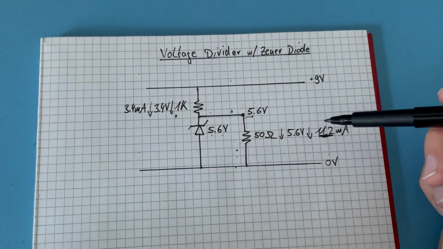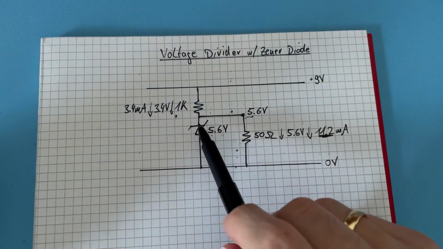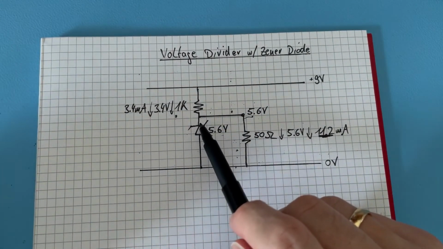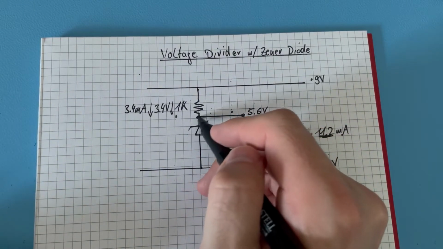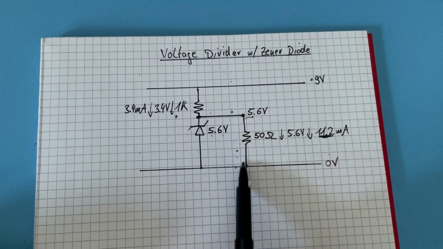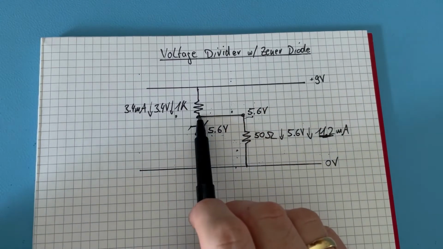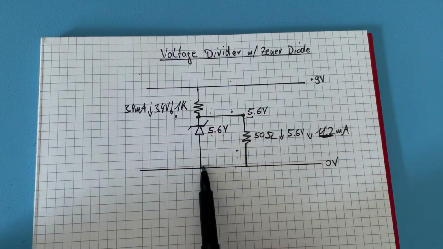Okay, that's a lot. Again, these 112 milliamperes have to come out of this point here, and this 112 would go through here, and also additionally some amount of current would go through the Zener.